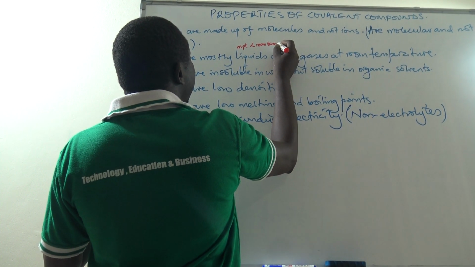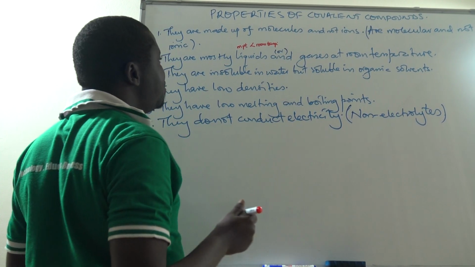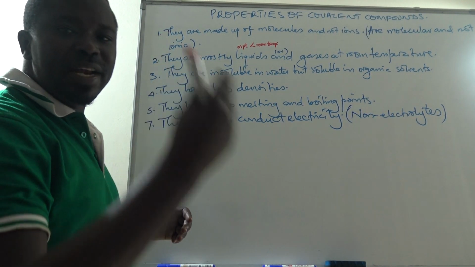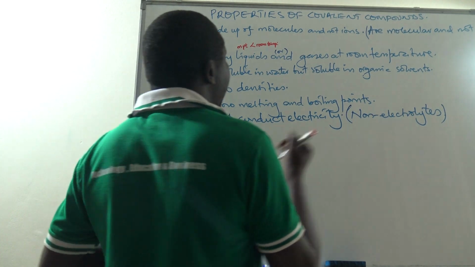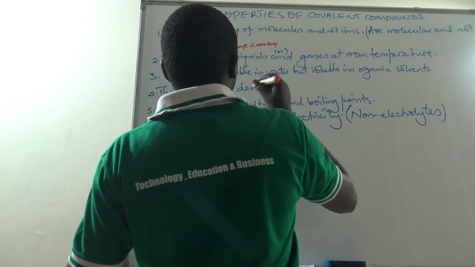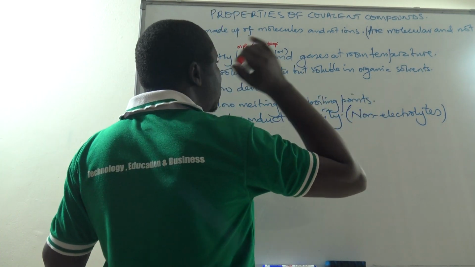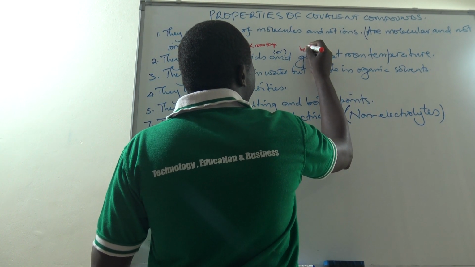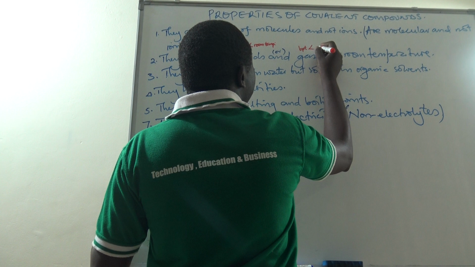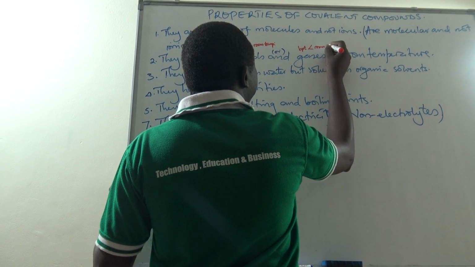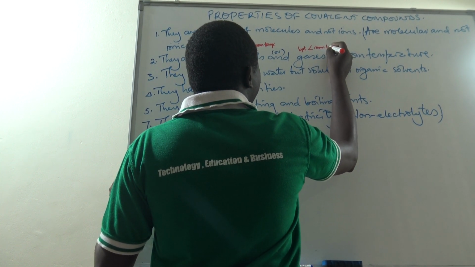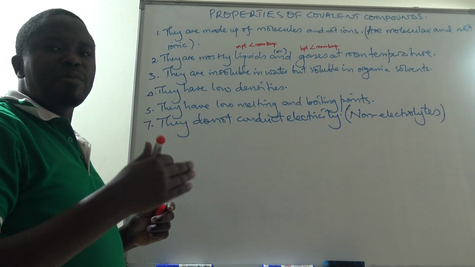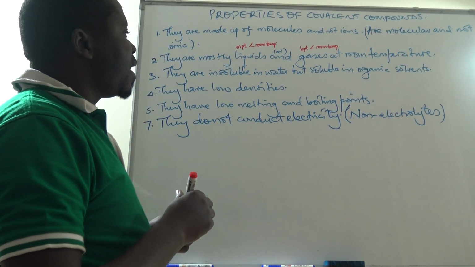If the melting point is less than the room temperature, it means that at room temperature it has already melted, it is already a liquid. And if they are gases at room temperature, it means that the boiling point is also less than the room temperature.